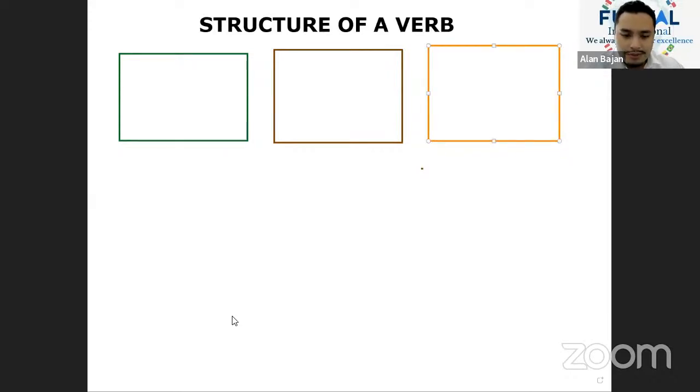In Spanish, we say that we have infinitivo, gerundio y participio. ¿Ok?